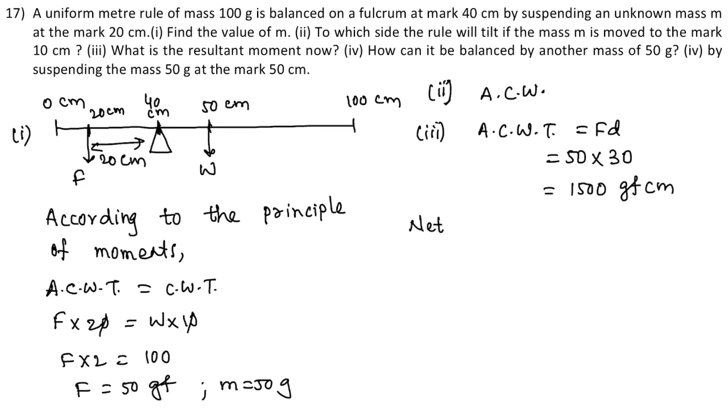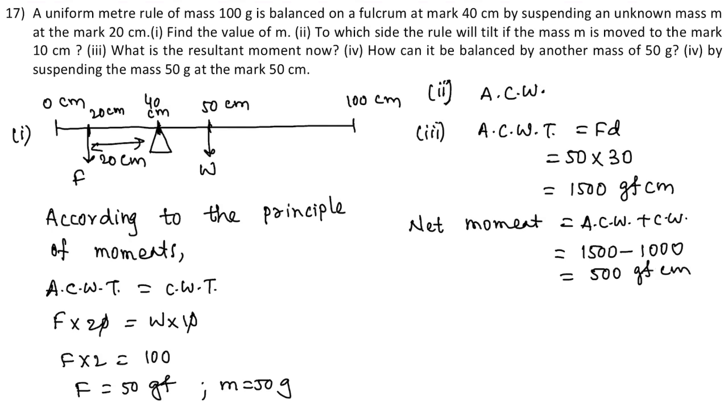So net moment will be sum of anti-clockwise and clockwise. Anti-clockwise will be 1500 plus, and clockwise is 1000 minus. So the net moment is 500 gram force centimeter anti-clockwise. Instead of writing anti-clockwise, we can say plus 500 gram force centimeter.